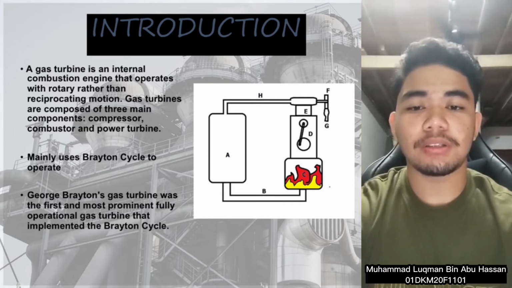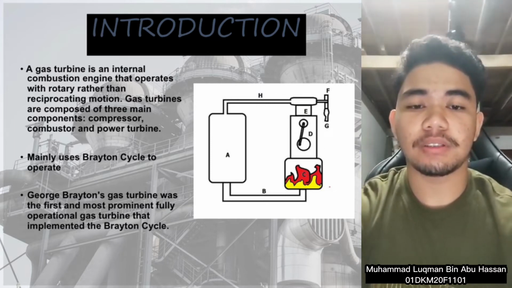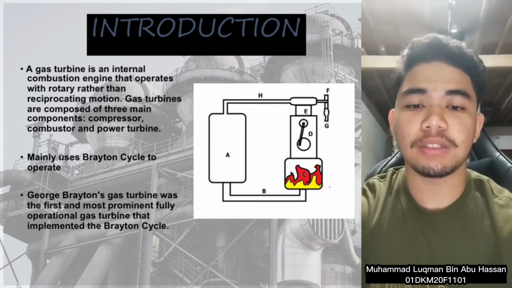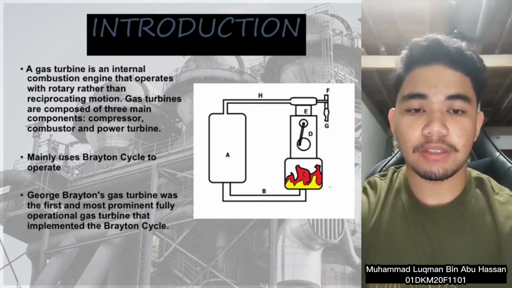George Brayton's gas turbine was the first and most prominent fully operational gas turbine that implemented the Brayton cycle.